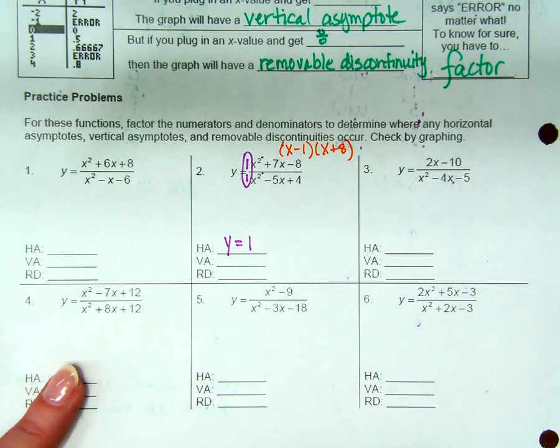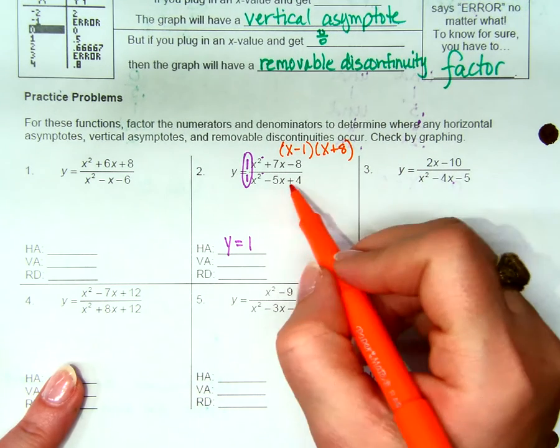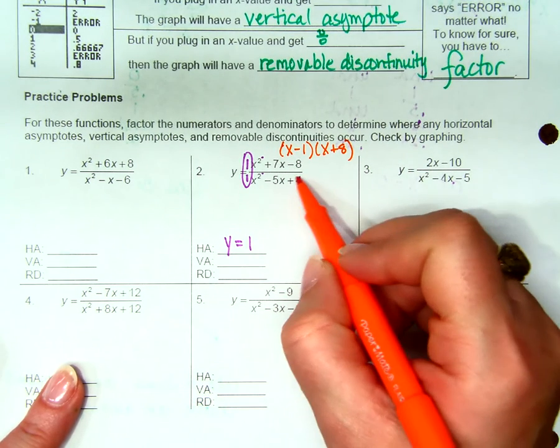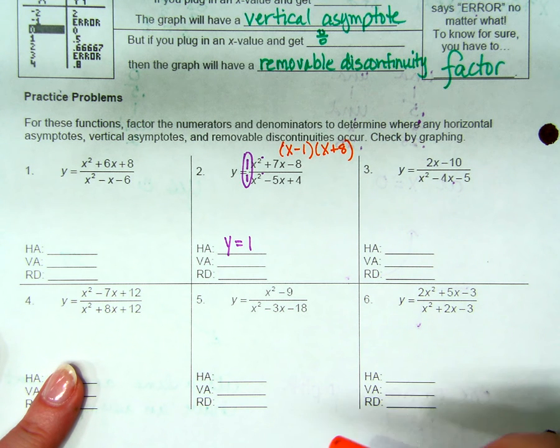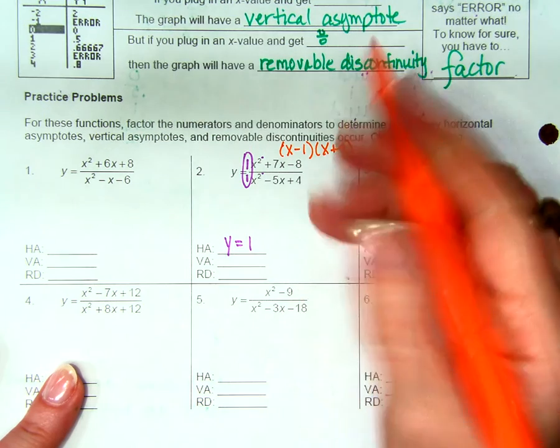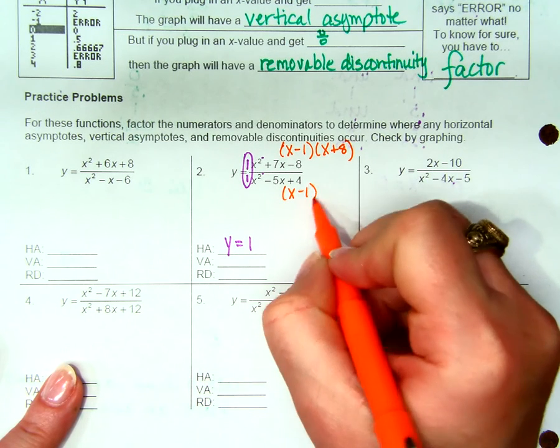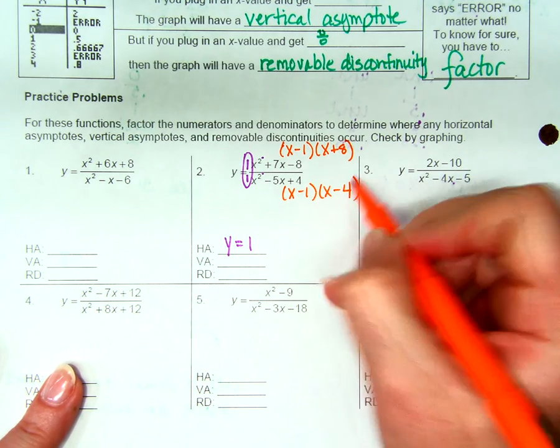Everybody okay with that? Now factor the denominator. What multiplies to be positive 4 and adds to be negative 5? It has to multiply to be 4. Negative 1 and negative 4, right? X minus 1, x minus 4.